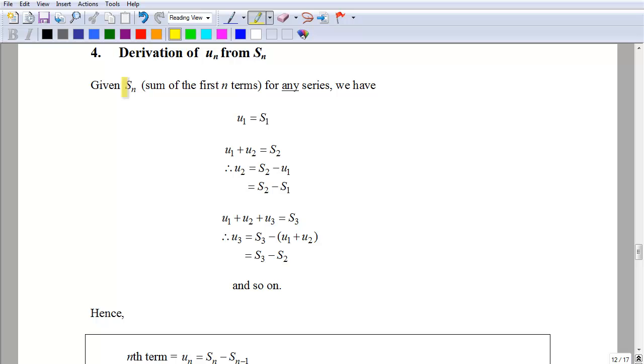here, we mean the sum to n term for any series, meaning does it need to be an AP or a GP?